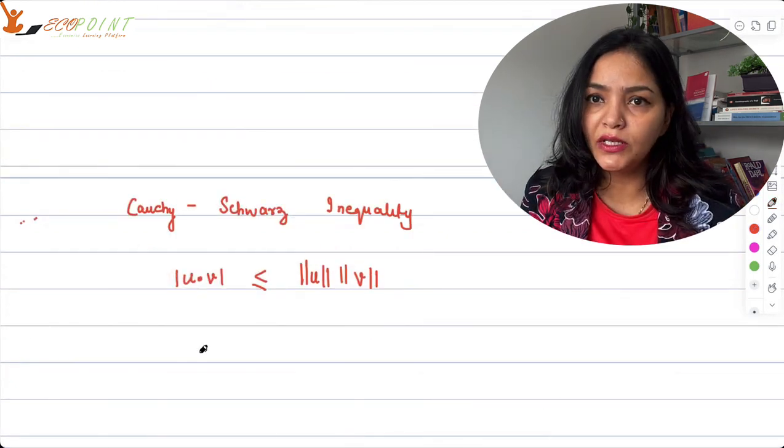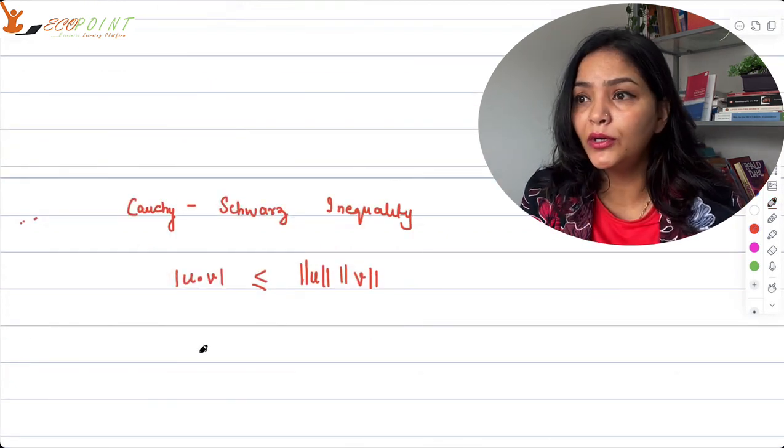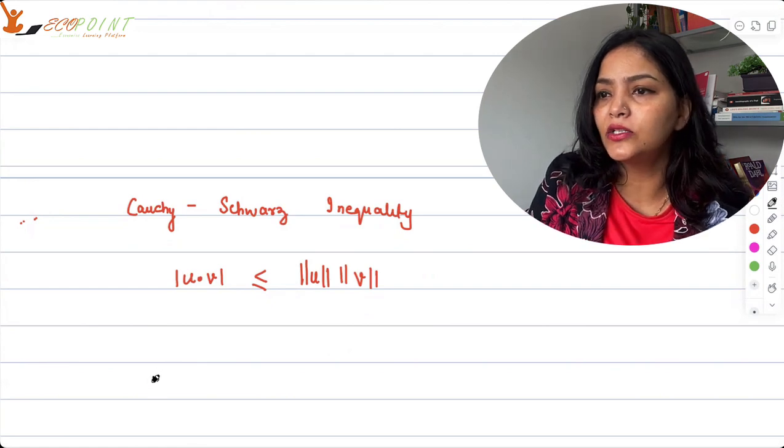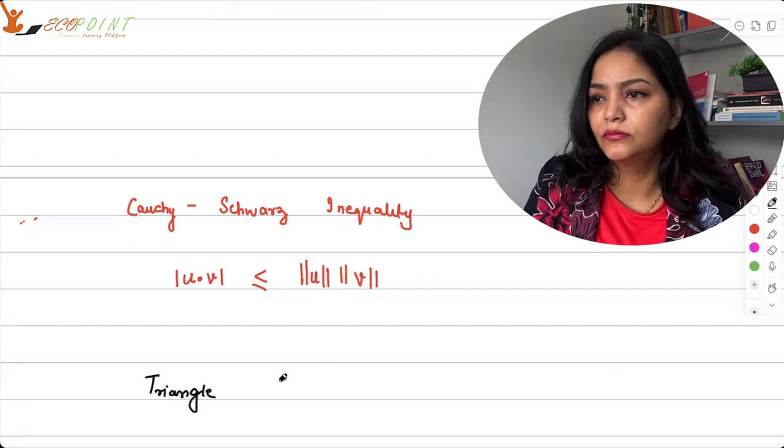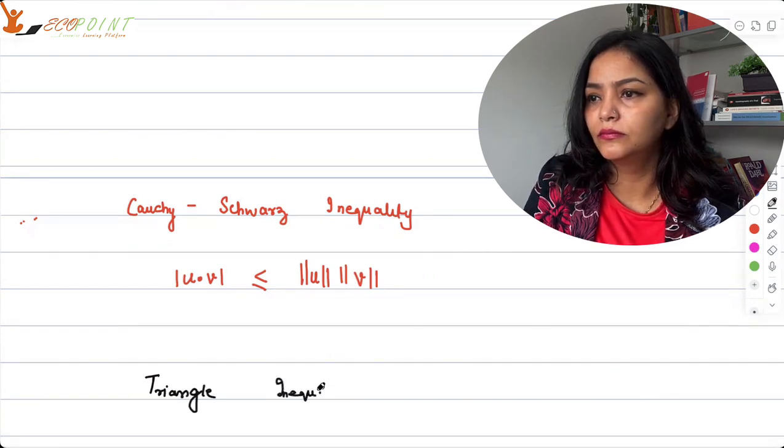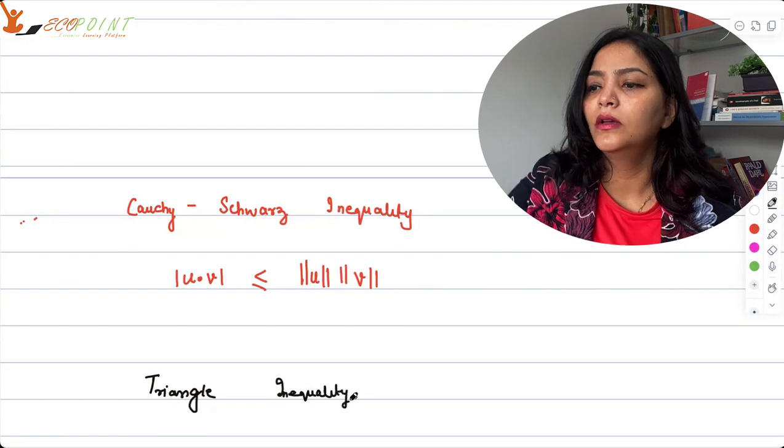With the Cauchy-Schwarz inequality comes a very important consequence, and that's the triangle inequality.